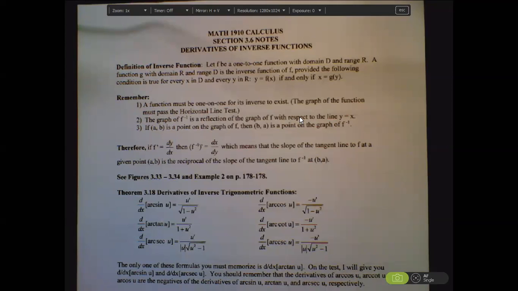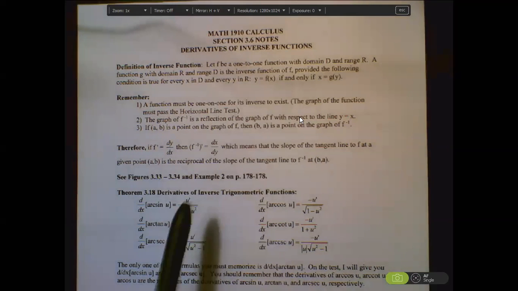We use all 6 of those formulas, especially the first 3 in Cal 2 a lot, and you end up having to get arcsine and arcsecant memorized. But at this point, if you just know the derivative of arctangent, that's good enough. I'd give you arcsine and arcsecant, then you know to attach the negative for the other 2.